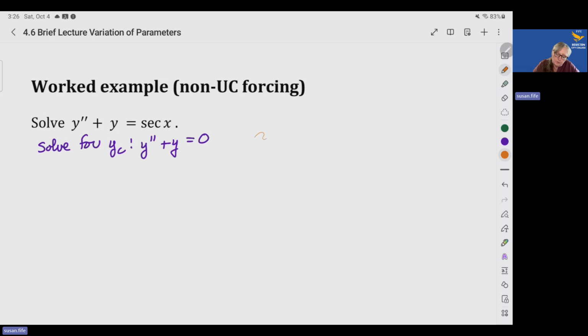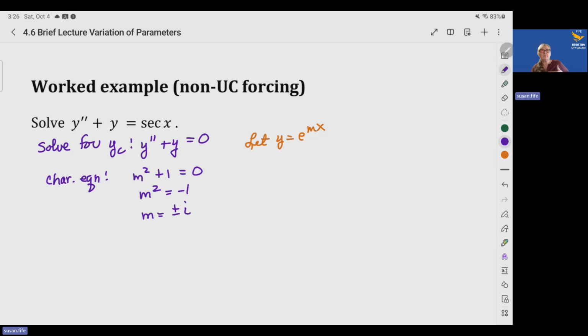And I'm going to let y equal e to the mx. When I substitute in, I get a characteristic equation of m squared plus 1 equals 0. So m squared is equal to negative 1, and m is equal to plus or minus i.